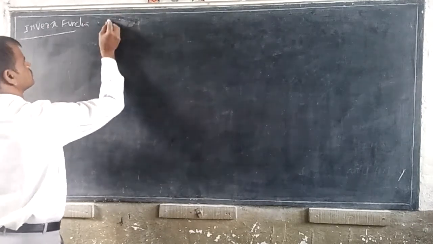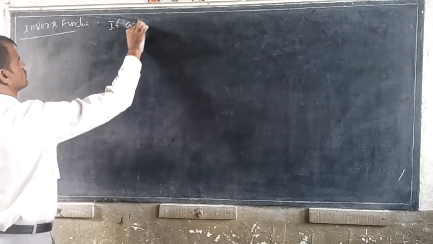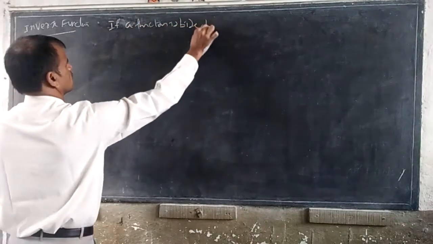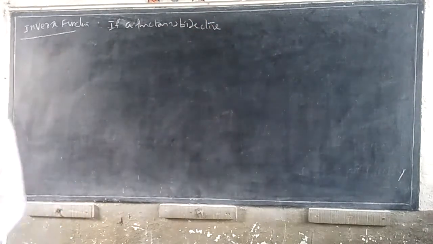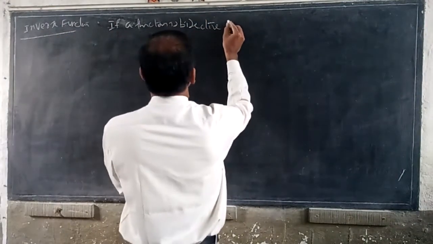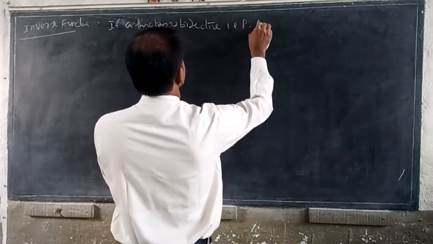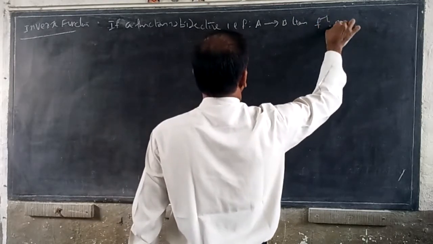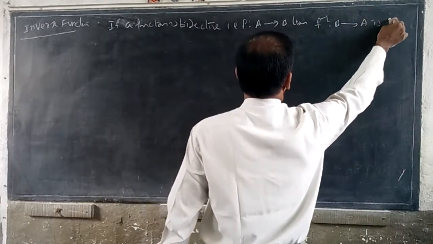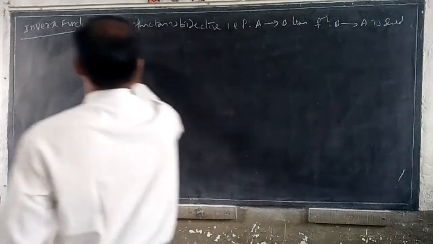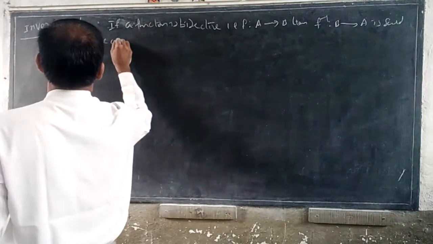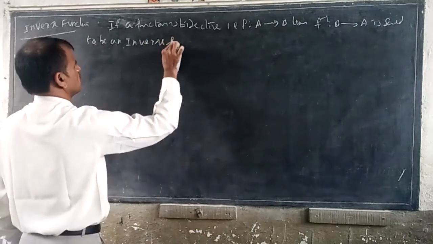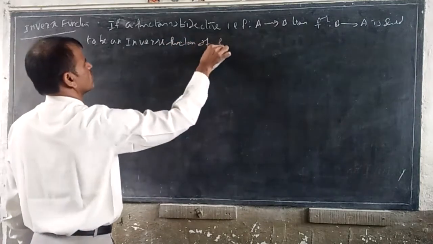If a function is bijective, that is, f maps A to B, then f inverse maps B to A and is said to be the inverse function of f.